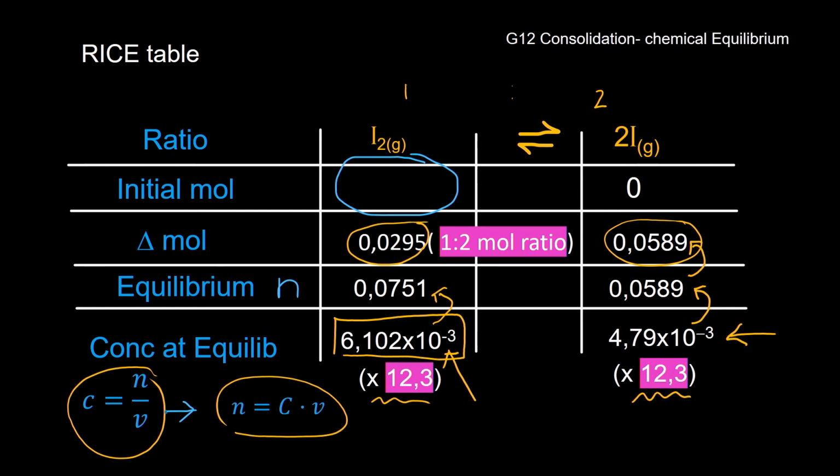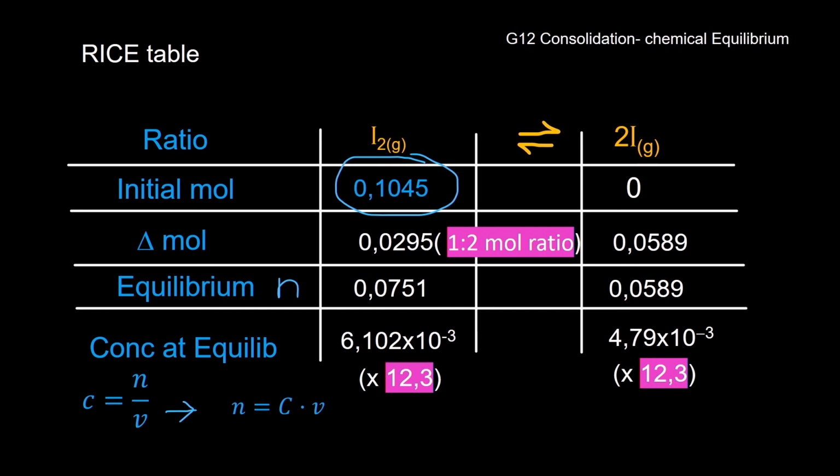So we now have figured out the number of moles of iodine molecule that is used up in this reaction. And that helps us because now we can work on how to calculate the mass, because that was the question. What is the mass of iodine molecules that is used up?